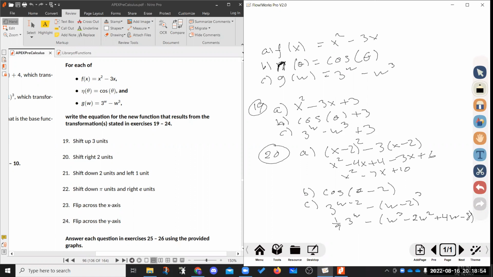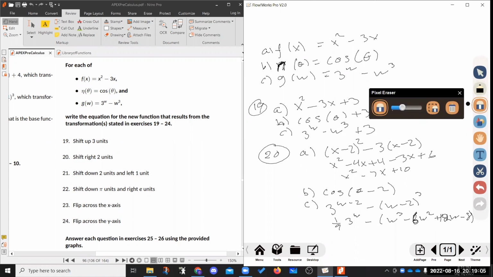This is times 3 and times 3, so that's times 3 is 6 and times 3 is 12. So let me get my pixel eraser here.